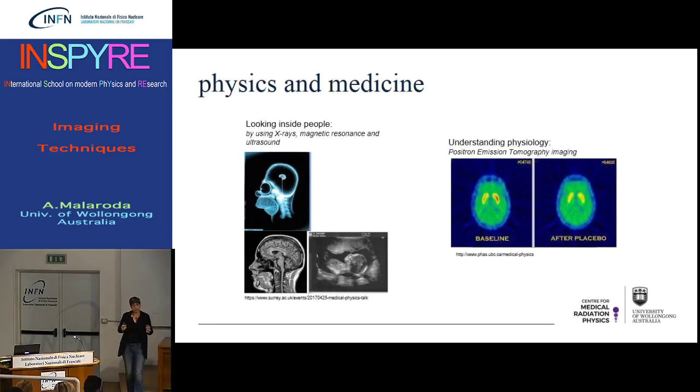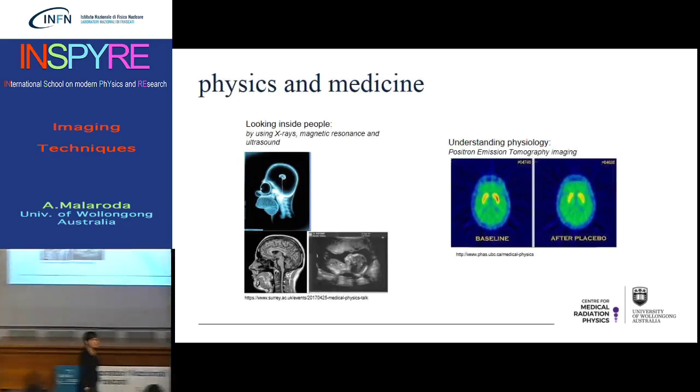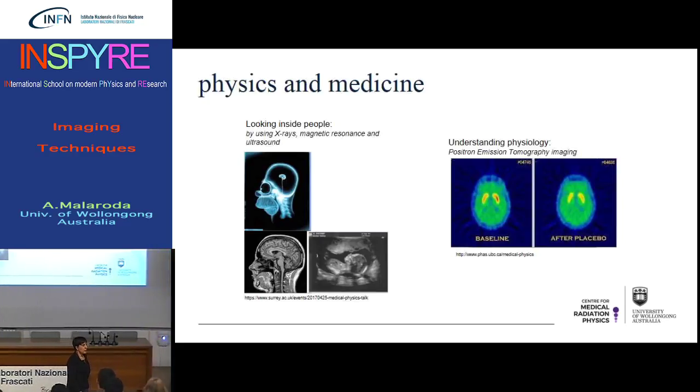Or photons. Do you know the difference between positrons and photons? Why would you use photons and not electrons? Anyone volunteer? The reason, yes. Photons are lighter than positrons.